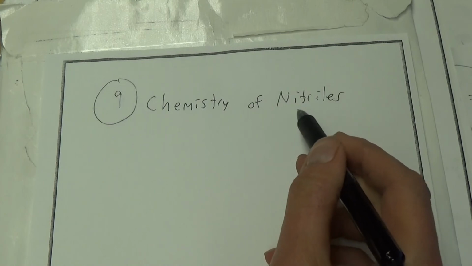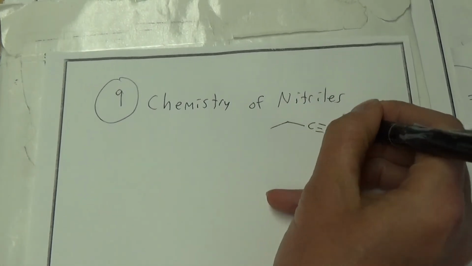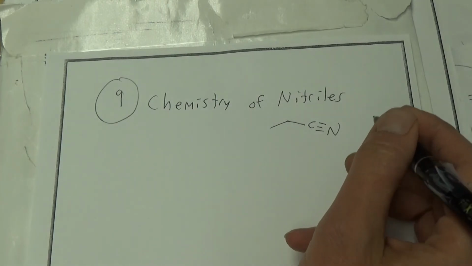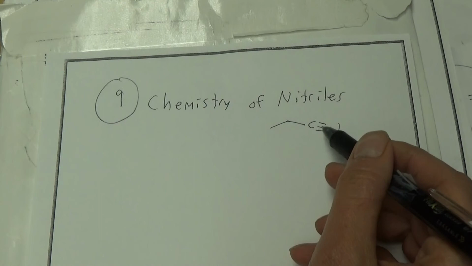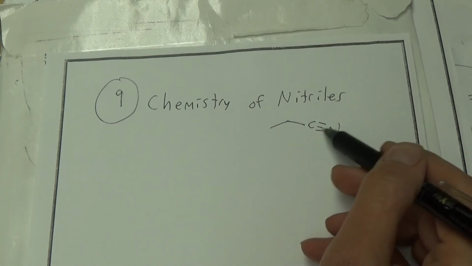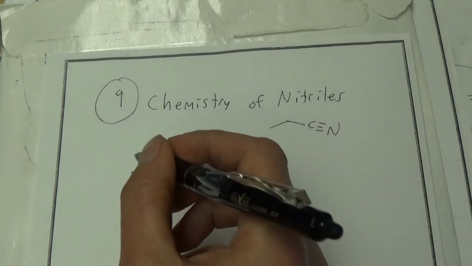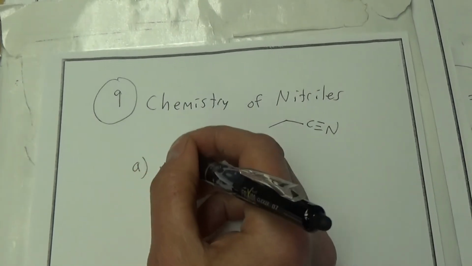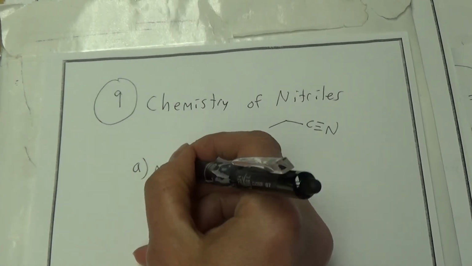It's got 3 bonds to nitrogen, right? Like all of them, it has bonds to oxygen or nitrogen. But all I'm going to show this second is how to make them, and then we'll continue next time. You know this stuff.